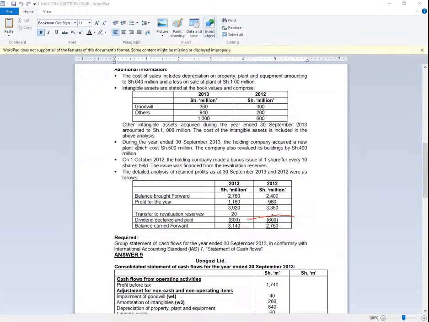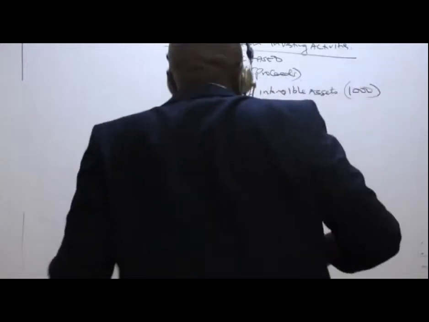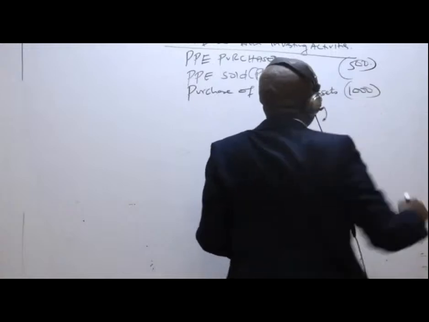Now, the next statement: during the year ended 30th September 2013, the holding company acquired a new plant. This is PPE acquired, costing 500. So where I have property, plant, and equipment purchased, I'll put 500 in brackets.